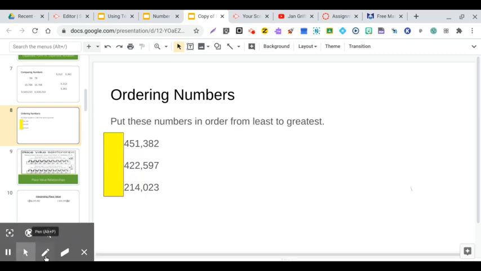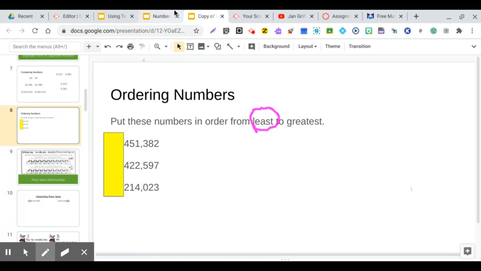Okay, so now let's put these numbers in order from, what does it say? Least to greatest. And so I just circle the word least because then I know I'm looking just for the smallest number, not the largest. So now I have some bigger numbers and they have thousands digits.